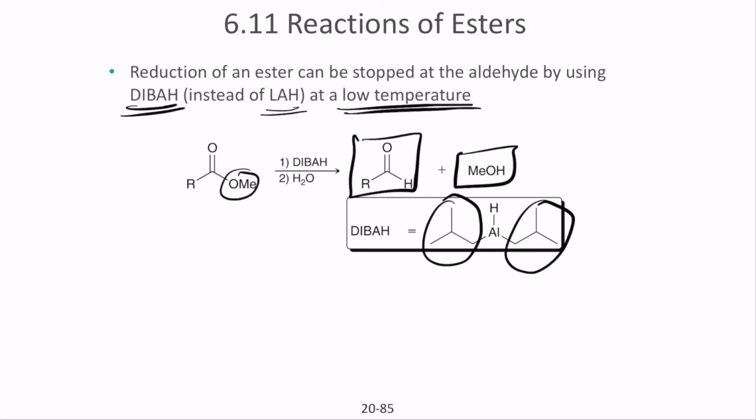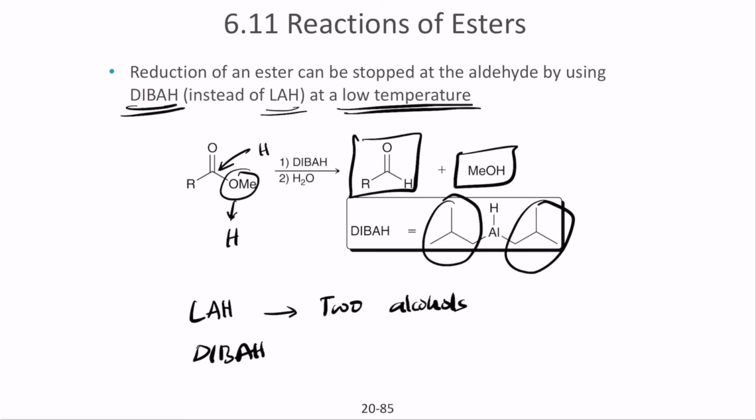So the hydrogen attaches to the carbon itself, creating an aldehyde and an alcohol. Remember that when we use LAH you create two alcohols, and when you use DIBAL you create an aldehyde and an alcohol.